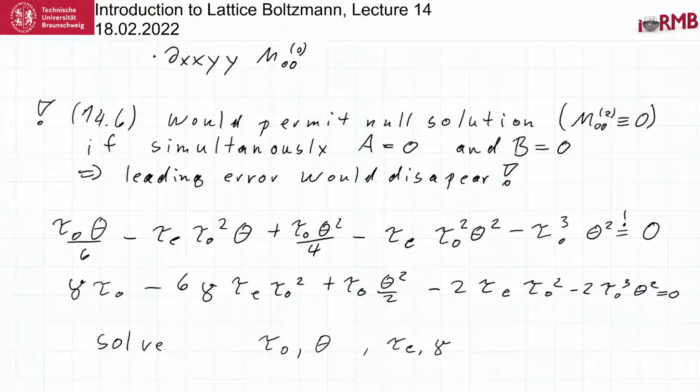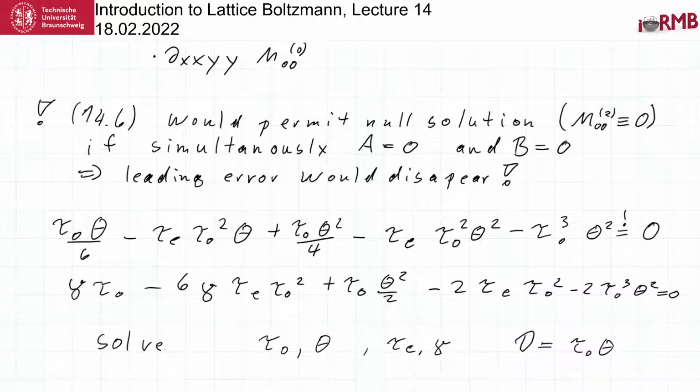So the equation that we want to solve, so this D is tau odd times theta. So D is something that we want to adjust.